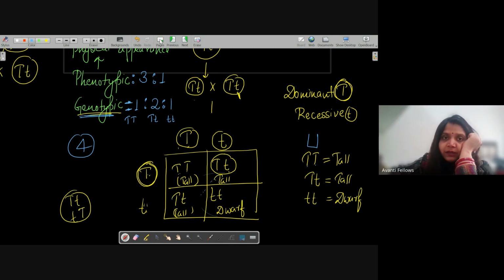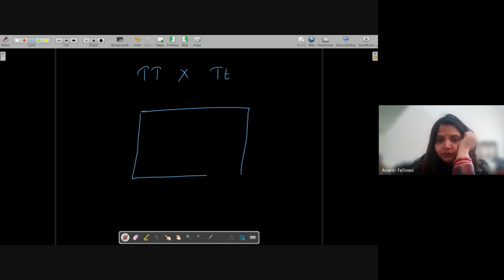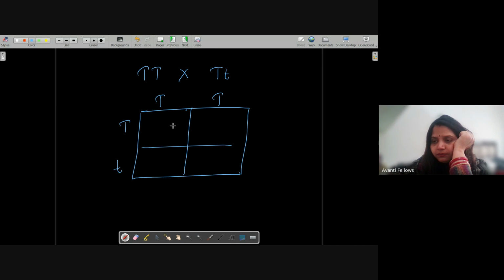Okay, चलो जी. Let's see then कितना फाइन हुआ. If I am going to make a cross between capital T and capital T small t, क्या क्या लिखना है मुझे बताइए. You only are going to tell me about the phenotypic and genotypic characters. बताइए. हाँ जी परम.